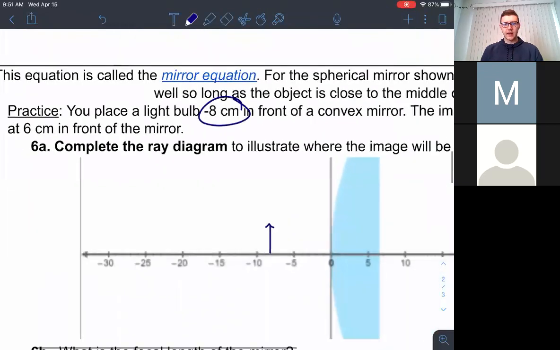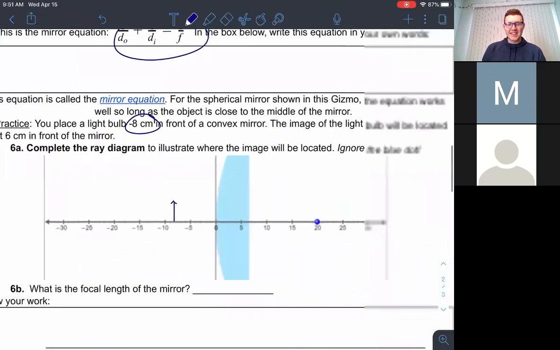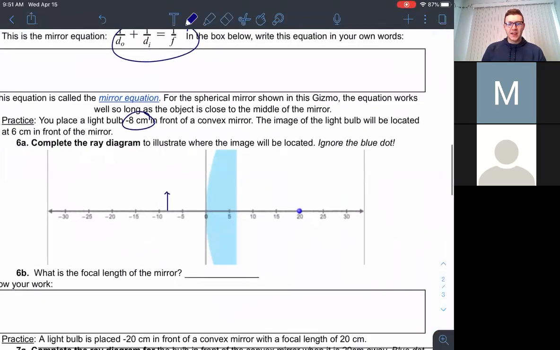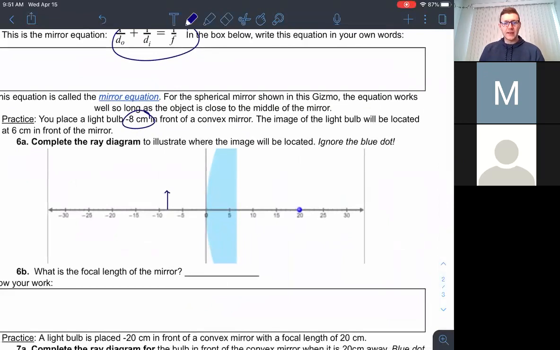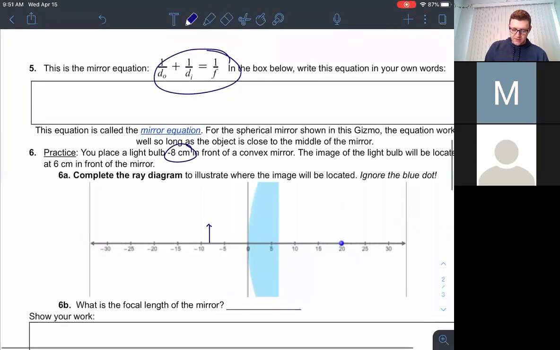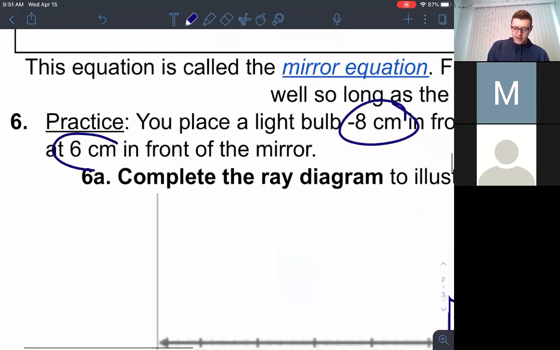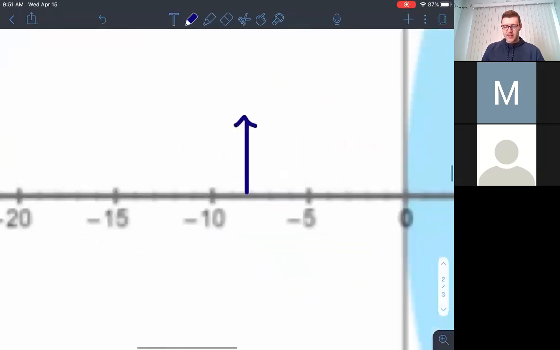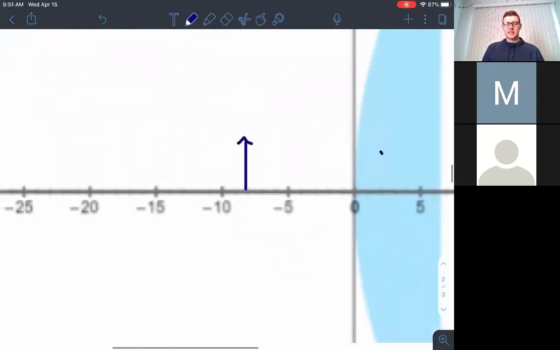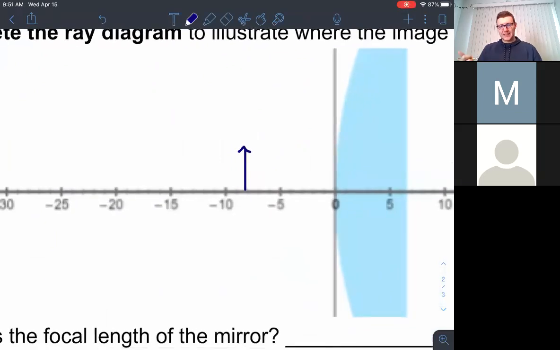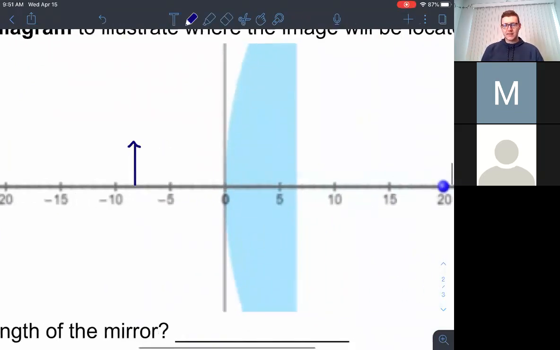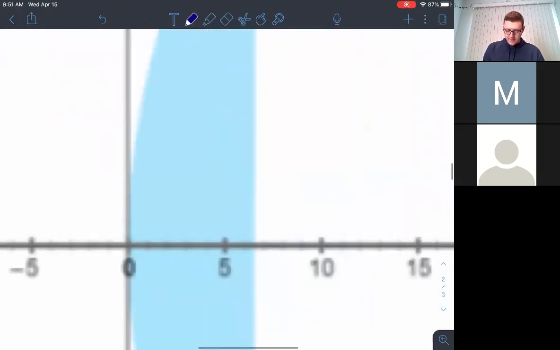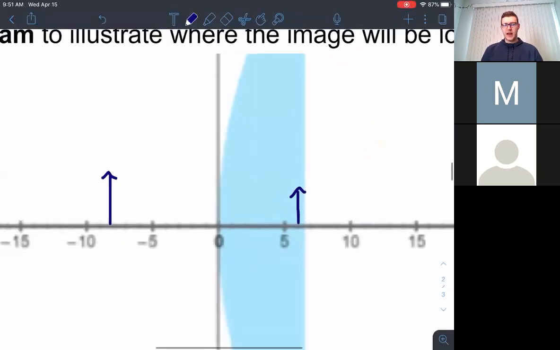And then it says that our image of the light bulb is going to be located 6 centimeters from the front of the mirror. Okay, so -8 was on this side, so 6 is going to be on the opposite side. We go past the mirror and find 6. Our image is going to be over here at 6, just so we have an idea.